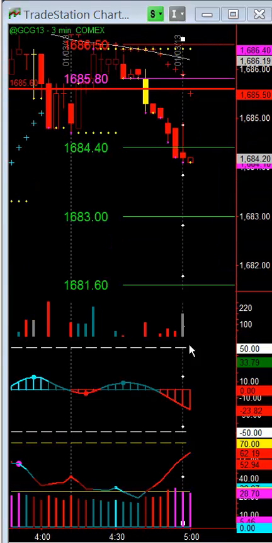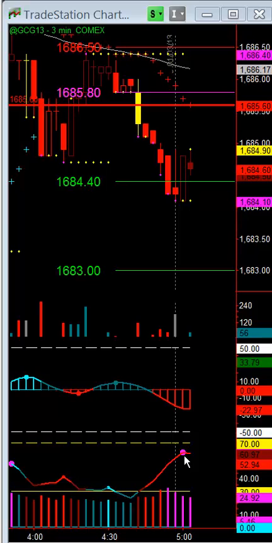Okay, as I'm reading the volume here, you can see that the volume did increase on that last bar. So now I would be using this bar as a measuring stick for my volume divergence.